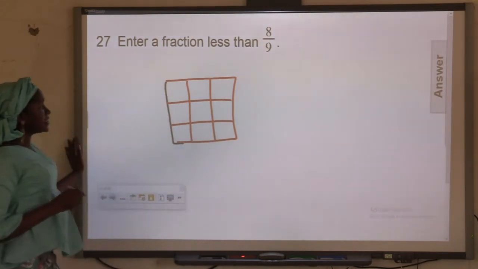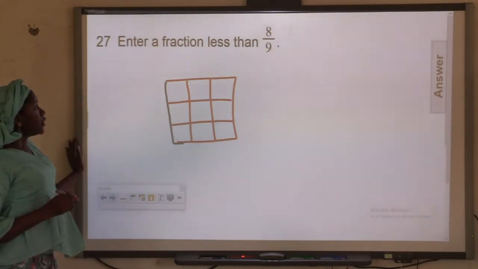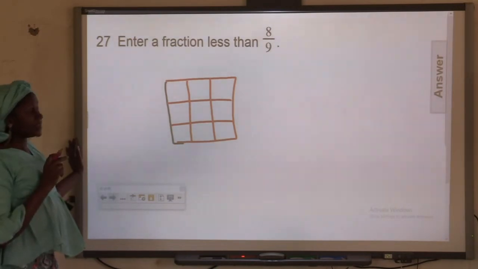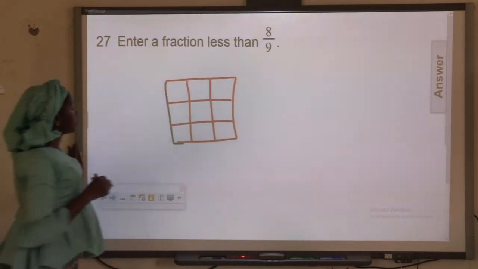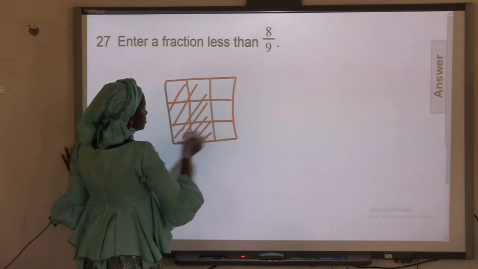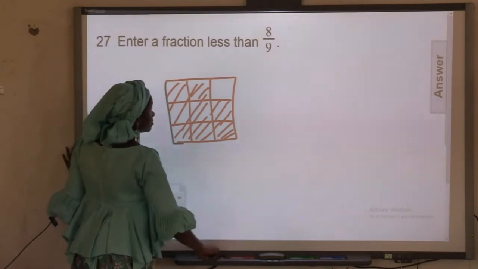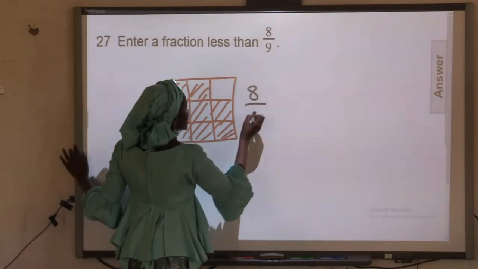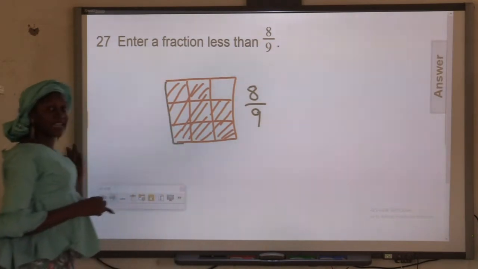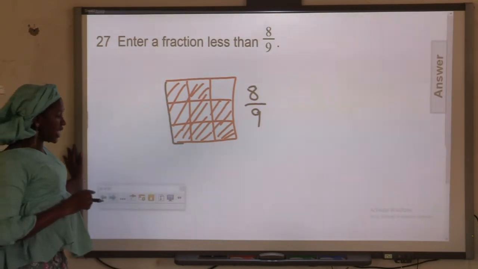This diagram is divided into 9 equal parts, and we are to show a fraction which is less than 8/9. If I shade 8 of these portions, I can represent this as 8/9. So a fraction less than 8/9 could be what?